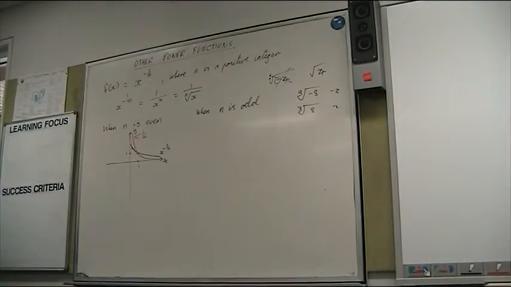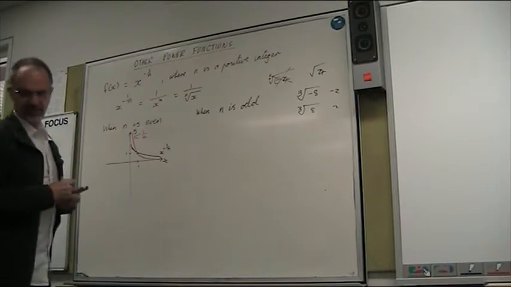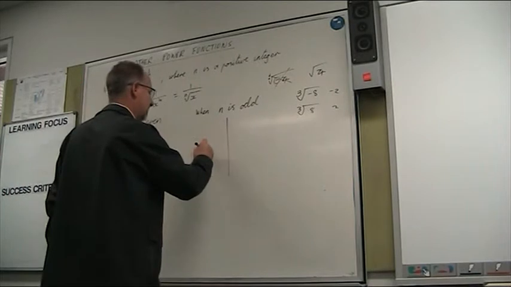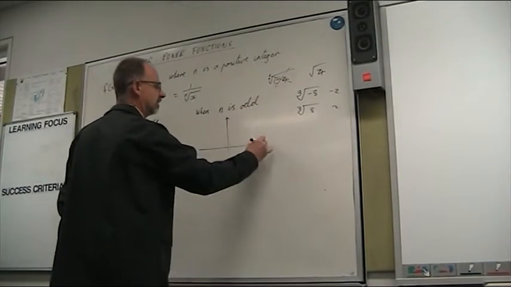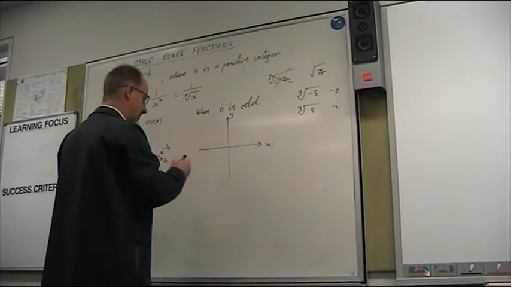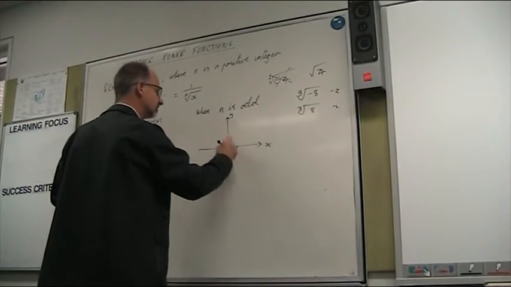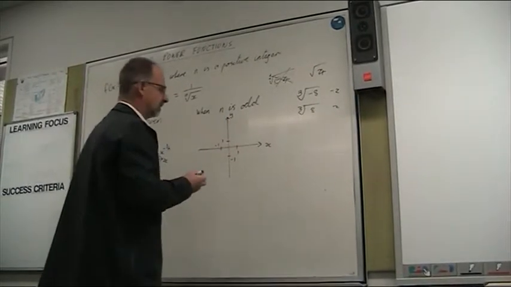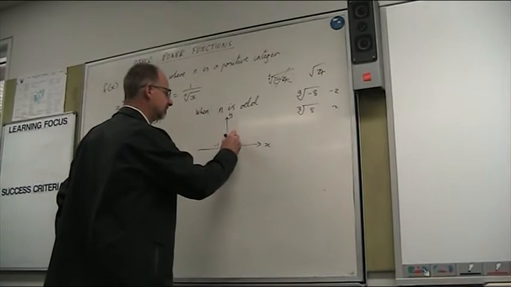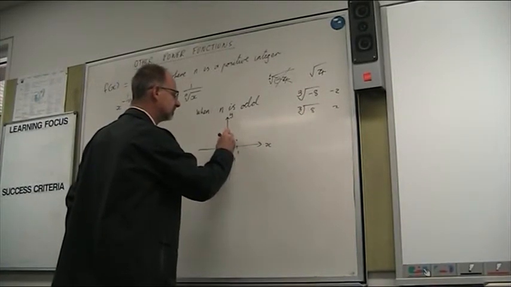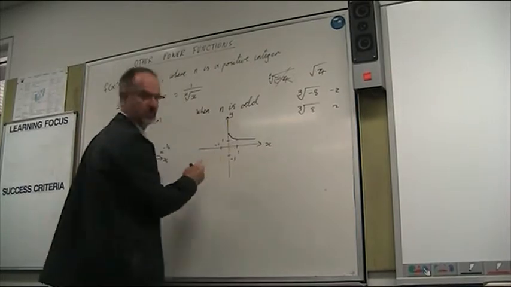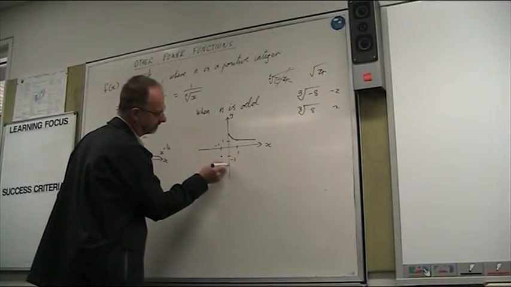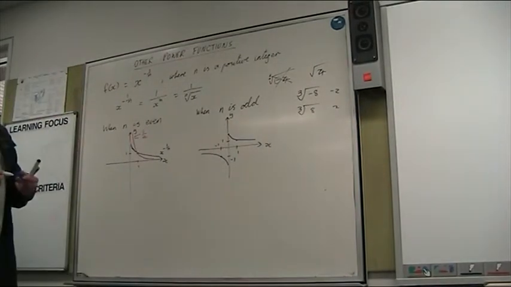So for odd roots, we can find the odd roots of negative numbers. So we end up with 2 parts. So the graph, one of them is there, and the other one is here. Like so.